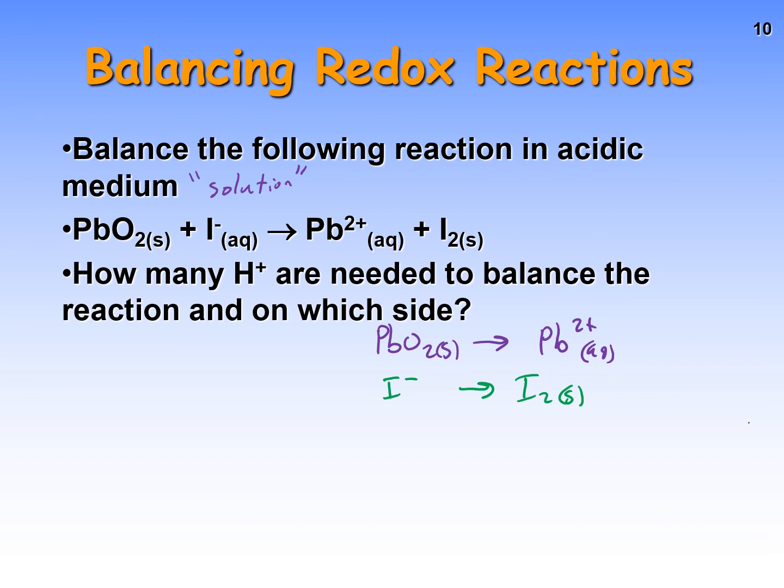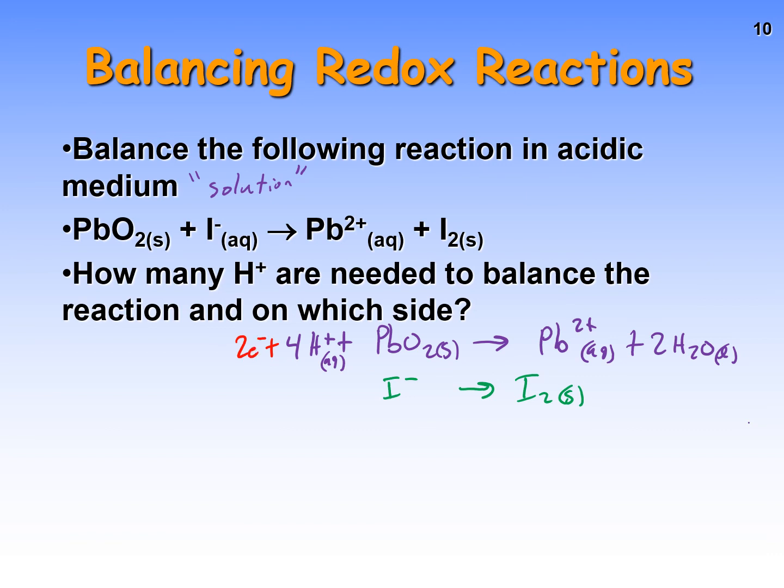I know that there are 2 oxygens on the left side, so that means I need to add 2 waters on the right. By adding those 2 waters, I need to now add 4 H pluses to the left side. Now I need to balance the charge. Well, I have a 2 plus charge total on the right side, and I have a 4 plus charge total on the left side, so I know I need to add 2 electrons here.